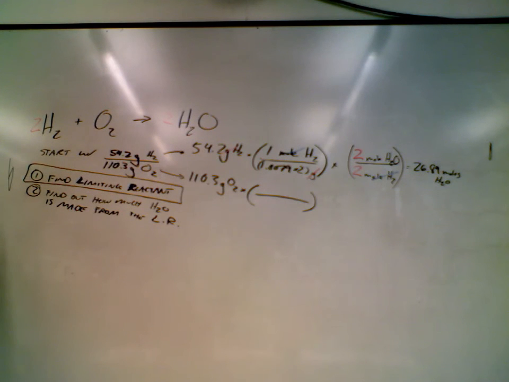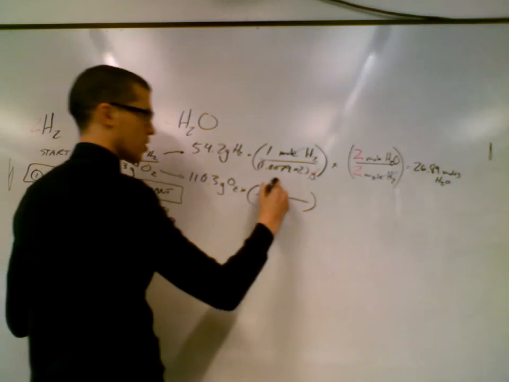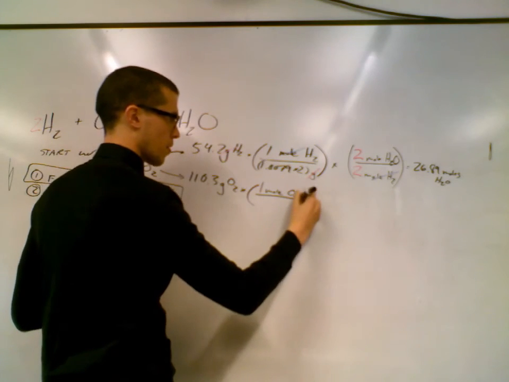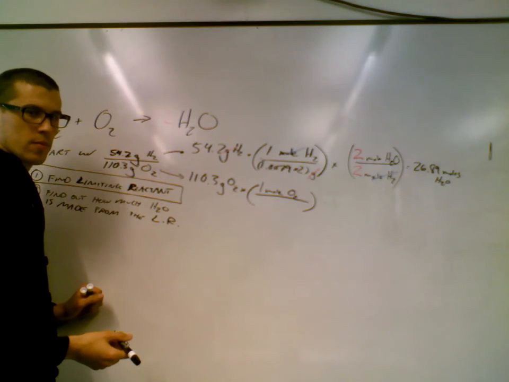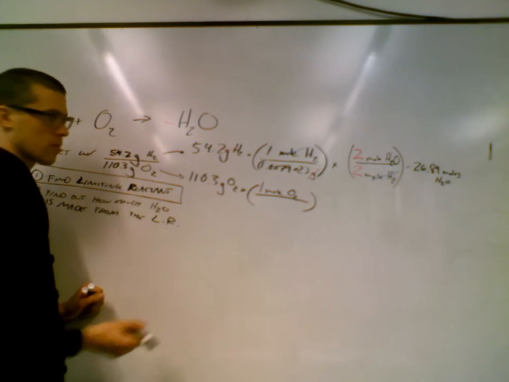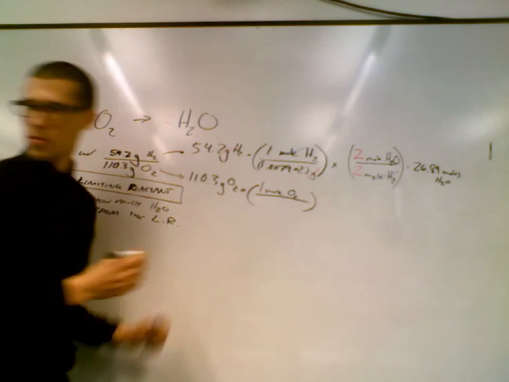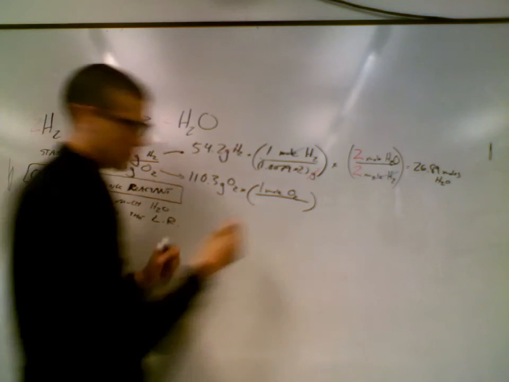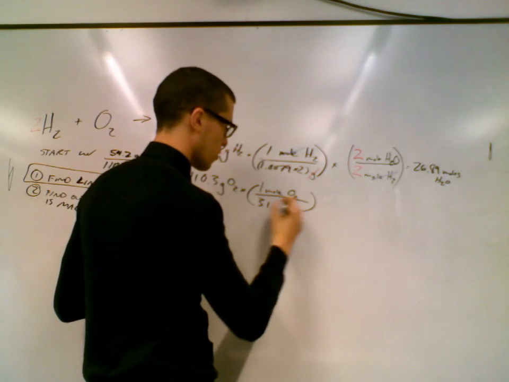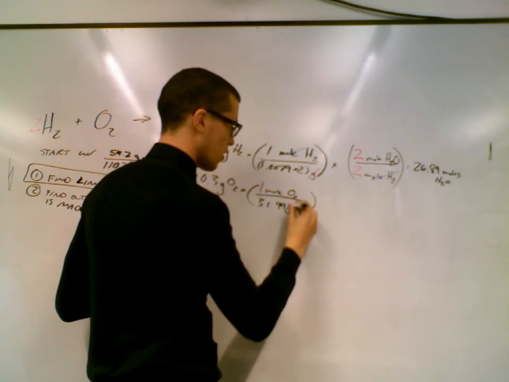What goes on the top? What goes on the bottom? One mole of O2 goes on top. Okay. What goes on the bottom? It's 31.998. Okay, so that's O2, 31.998 grams. Good.